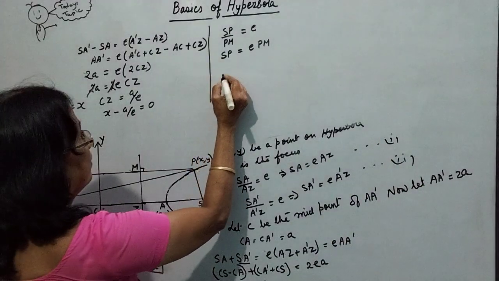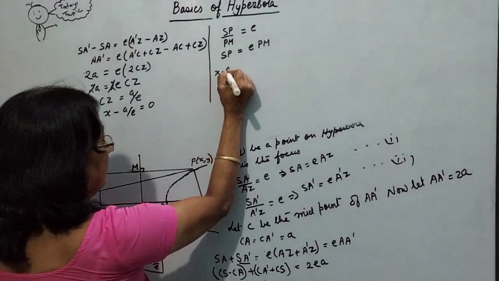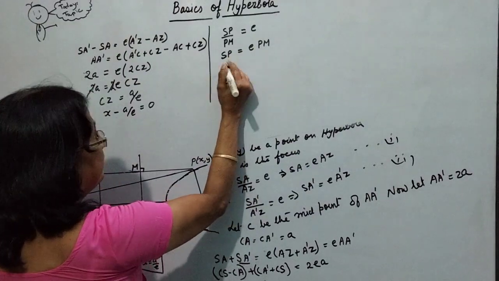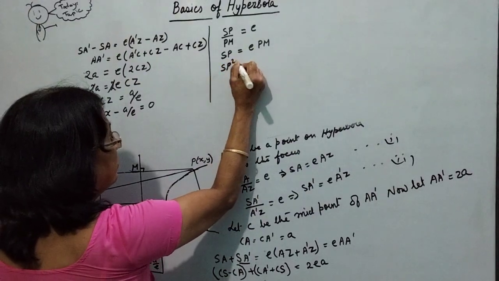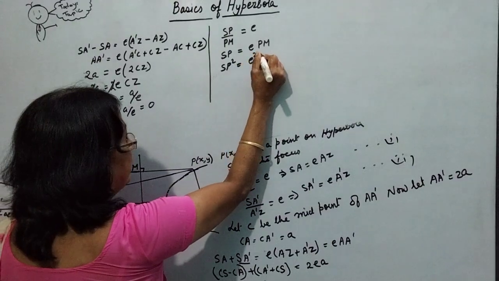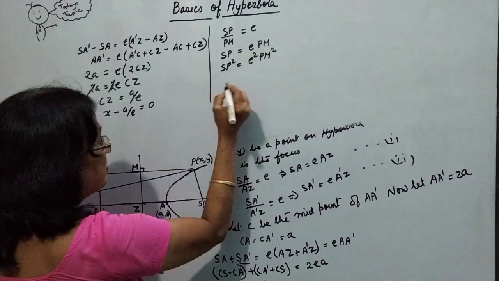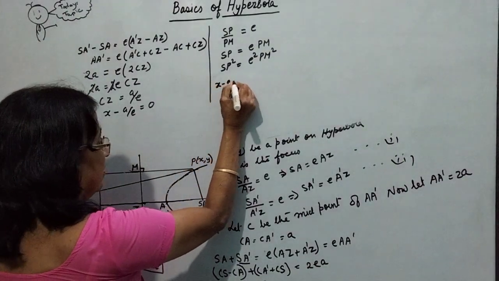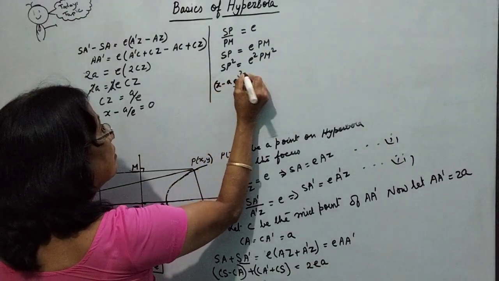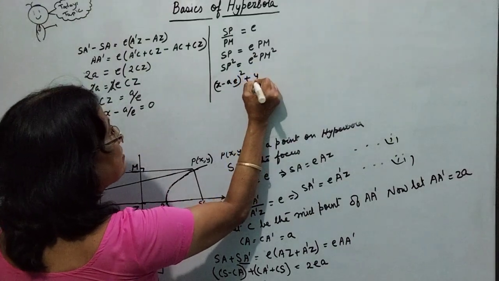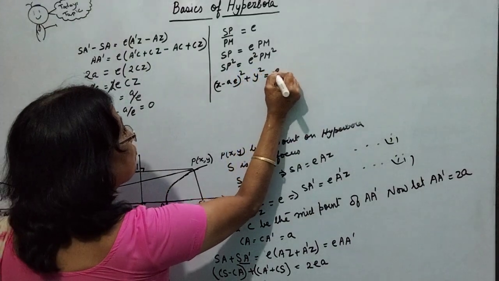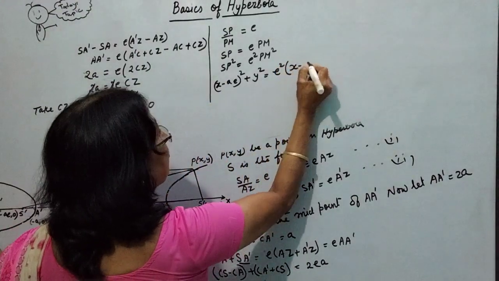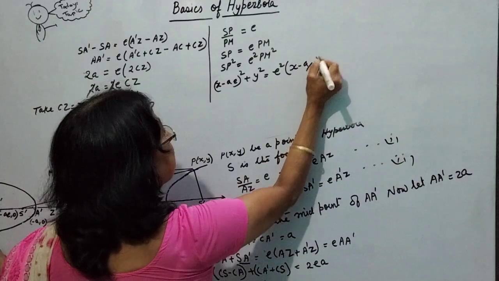SP you can find, X minus AE. I can write one more line here. SP square equal to E square PM square. So SP square can be written as X minus AE whole square plus Y minus 0, so Y square, equal to E square, and this is X minus A by E whole square.